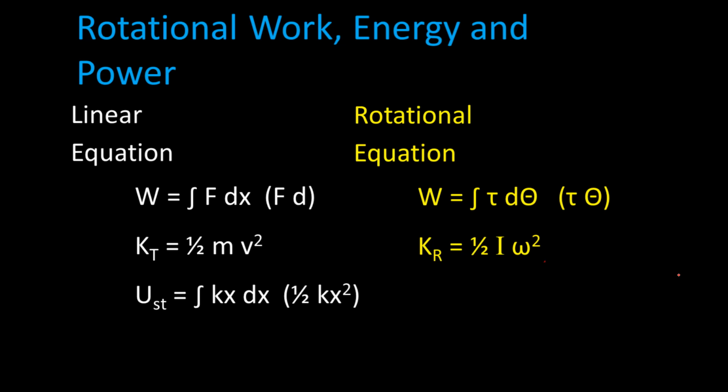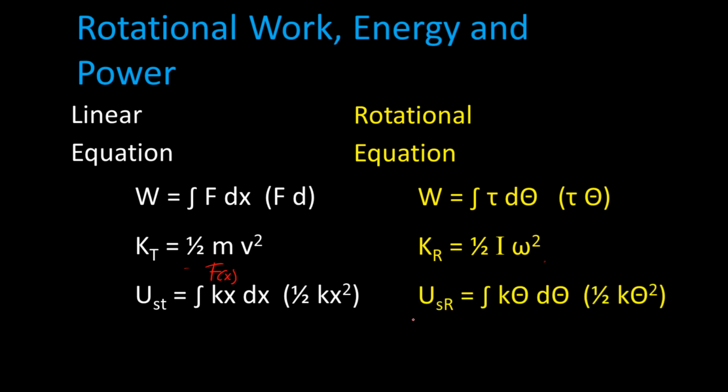For a spring, I'm using the U for our potential, with subscript S for spring and T for translational, is the integral of the force that the spring is exerting with its extension dx. Most often in an ideal spring, that's just kx times dx. So in an ideal case, that integral just becomes 1/2 kx squared.